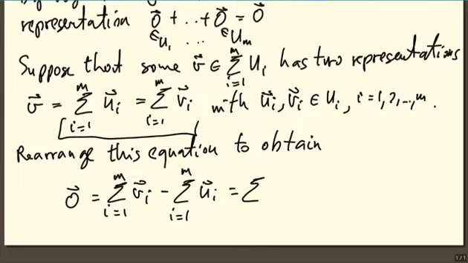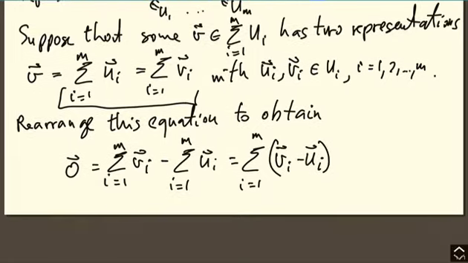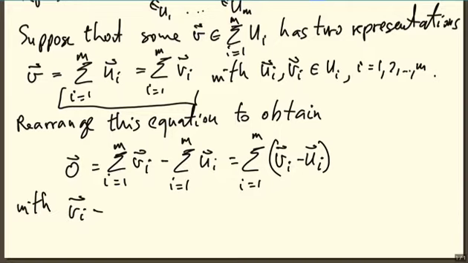And then we collect index by index these terms. So we will have vi minus ui. And then since ui is a subspace, the difference of these two vectors, again, let me write this, is really the sum of two vectors, vi and minus ui.